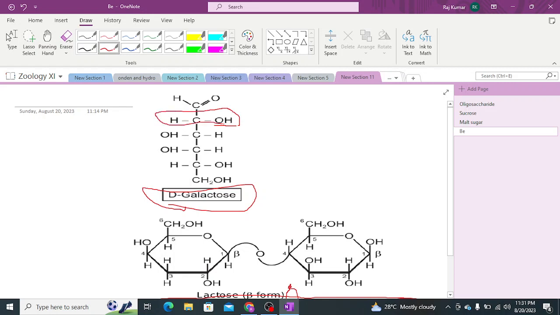In glucose sugar, the fourth carbon has its hydroxyl group on the right side, but in galactose it has the hydroxyl group on the left side. This is the only difference between galactose and glucose sugar. I am not sure about the number of the carbon atom. Maybe it is fourth or fifth.